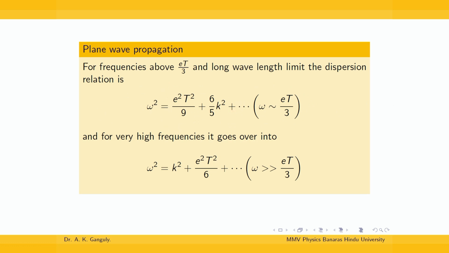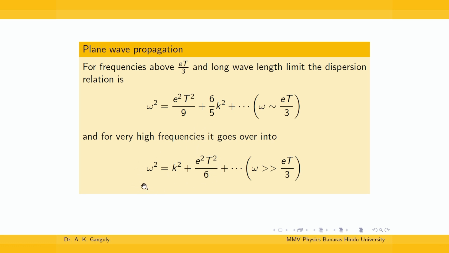So, in the situation when omega tends to 0, there are k values for which the whole quantity is imaginary, and that means there is a sort of screening.